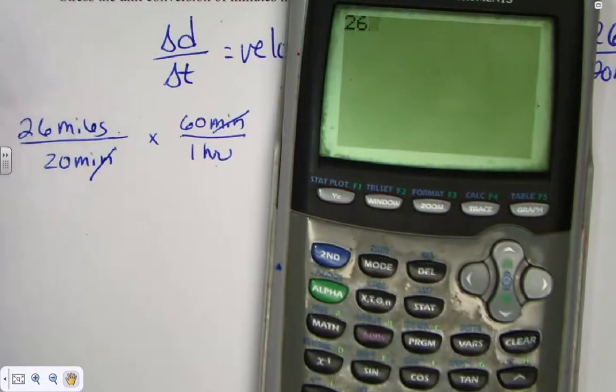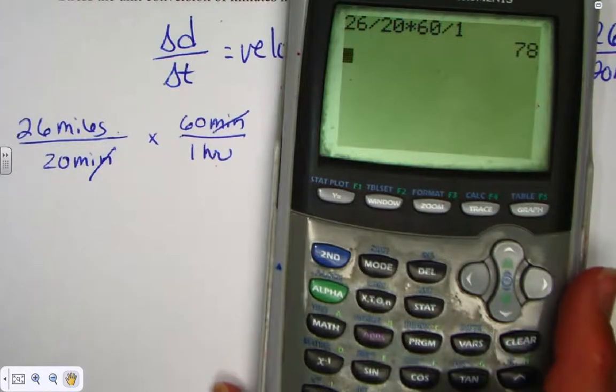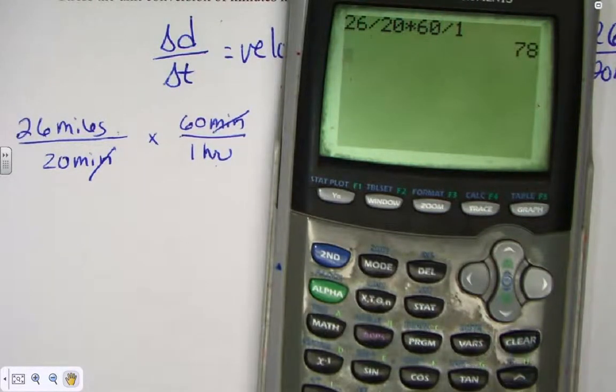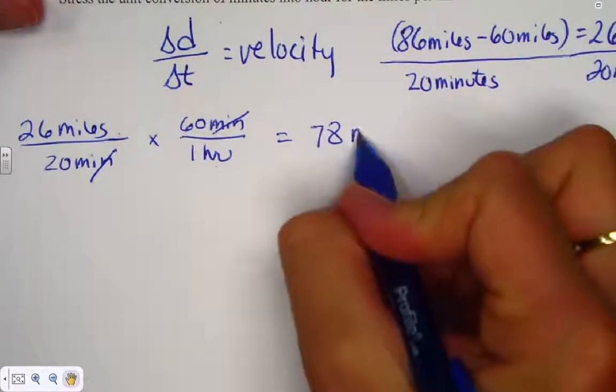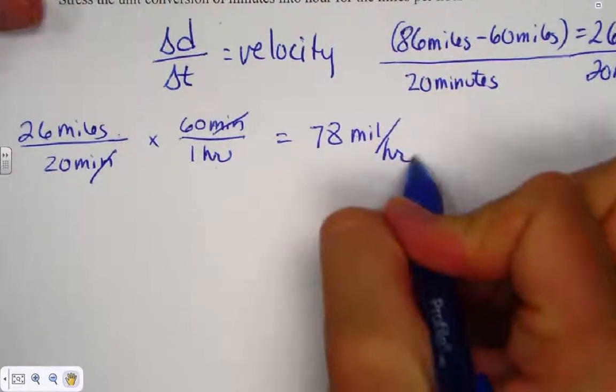Our 26 divided by 20, our first ratio, times 60 over 1 gives us a value of 78. So when I'm hitting out, I get 78 miles per hour.